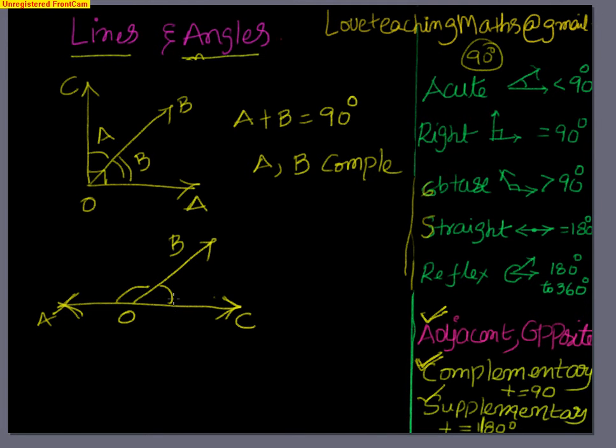Linear pair of angles is a supplementary angle, but a supplementary angle may not be a linear pair of angles because this is one particular condition. So these two angles, if their sum is equal to 180 degrees, then you call them supplementary angles. If their sum is equal to 90 degrees, then you call them complementary angles.